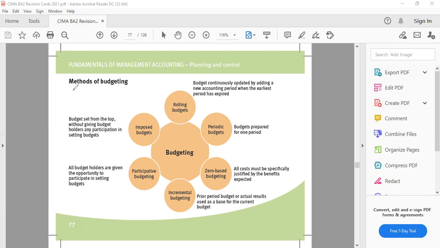What are the methods of budgeting? First, let's start with incremental budgeting.